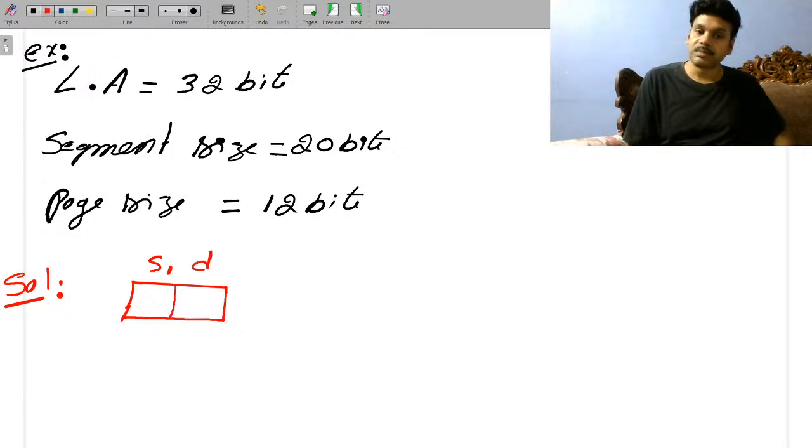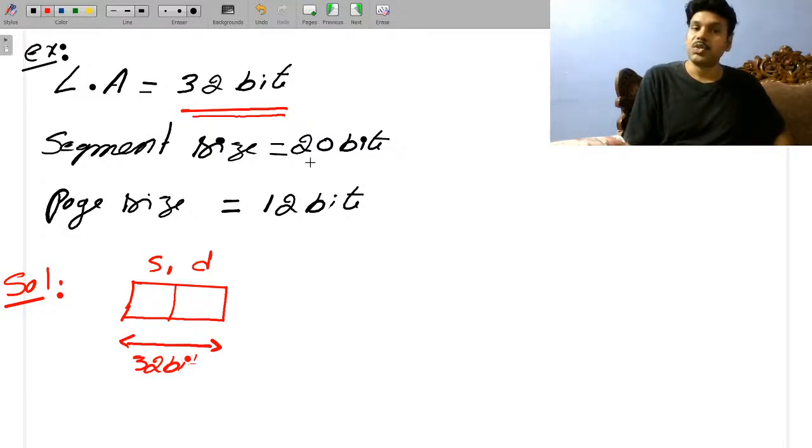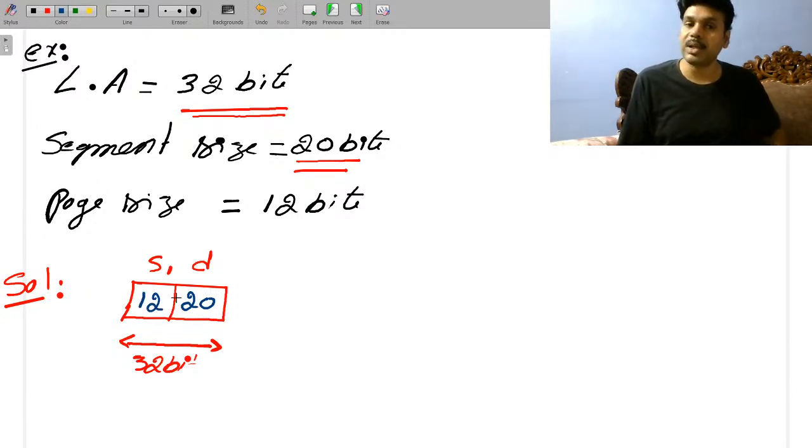Now your logical address is 32 bits. In this 32 bits, 20 bits are for the segment size, which means D consists of 20 bits, and the remaining 12 bits are for the segment numbers only. Can I directly use segmentation?